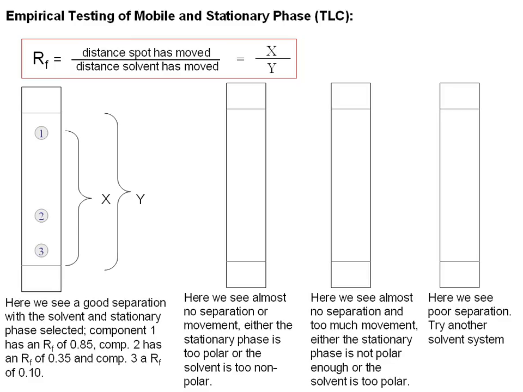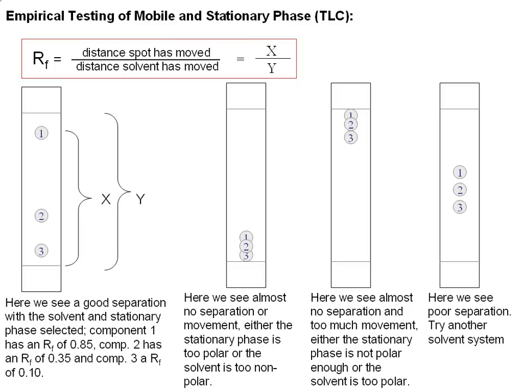So here's an example on the far left of a really good separation, and in the middle there, not so good, and just over to the right there, also not such a good separation, and those three on the right there. So you'd want to try some other solvent systems in each of those. When you have all three spots moved to the top, as you see second from the right, either your stationary phase is not polar enough, or more typically your solvent is too polar.